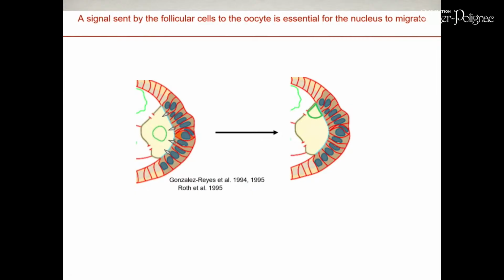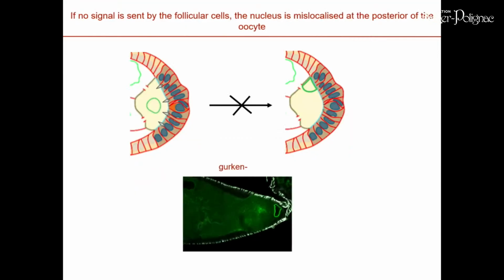So, in the oocyte, the positioning and the migration of the nucleus rely also on the signal which is emitted by the follicle cells, which is going to be translated to the oocyte. And this signal is essential for the migration of the nucleus, because if this signaling fails to occur, then the nucleus remains at the posterior.